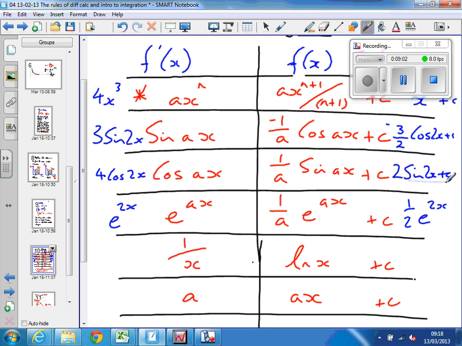The rest stays the same. So this becomes a half e to the 2x. 1 over x becomes log x. So if I have a number in front of it, like for example 4 over x, that's the same as 4 times 1 over x. This becomes 4 log x plus c.